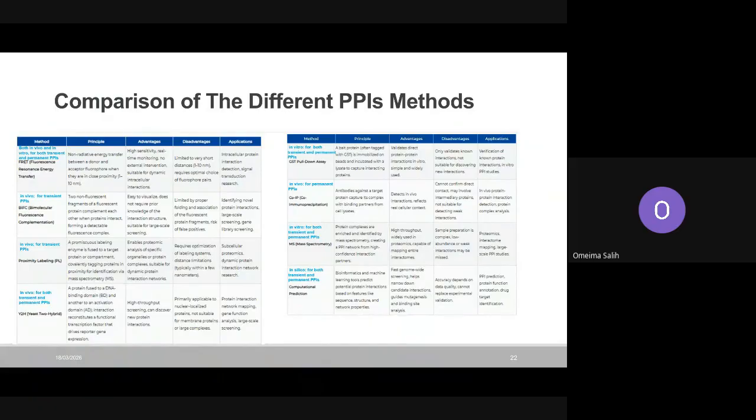The last method is computational prediction, and this depends on bioinformatics. Definitely, we'll have, or I don't know if you already have it or not, bioinformatic tools and machine learning tools.